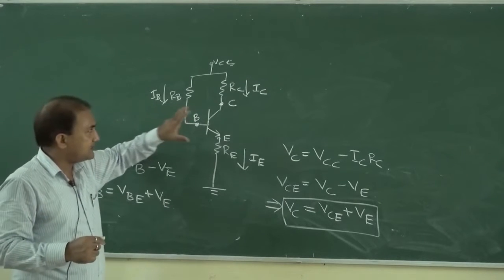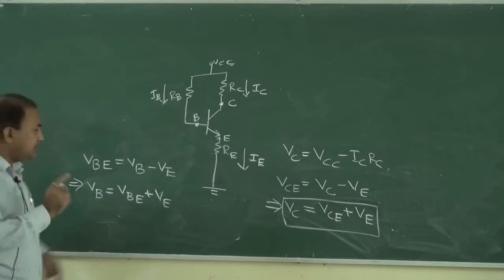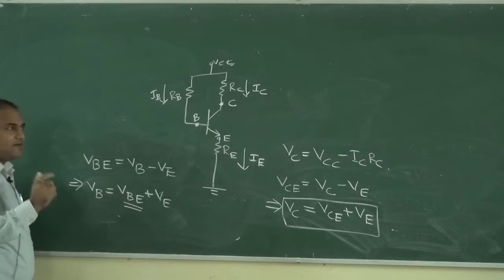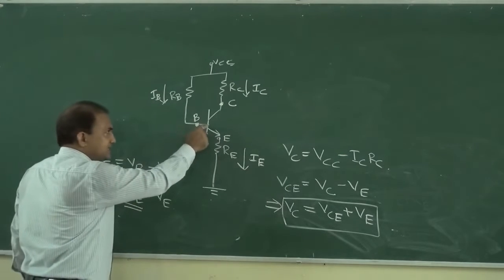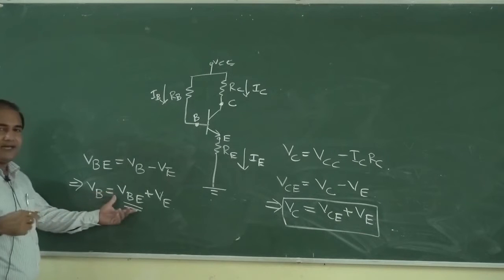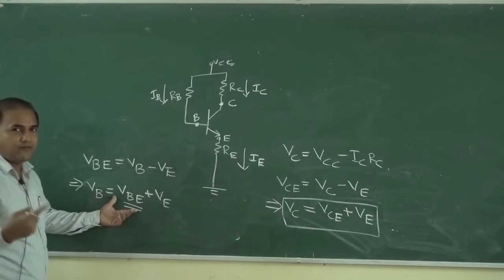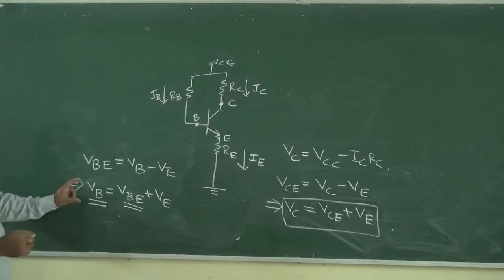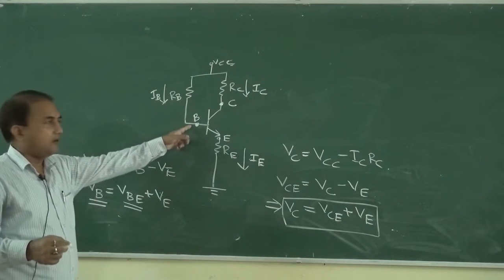If this transistor is made up of silicon, then VBE is equal to 0.7 volt, and if it is made up of germanium, then VBE will be equal to 0.3 volt. In this way we can determine the voltage at point B.